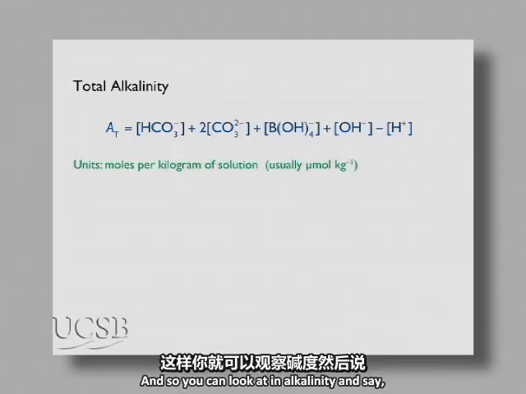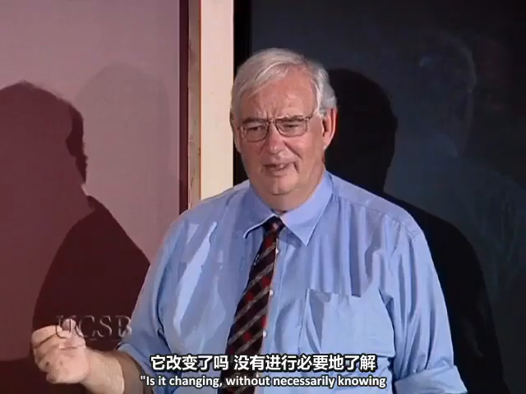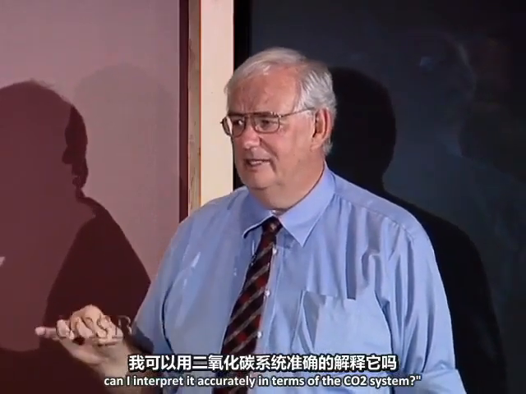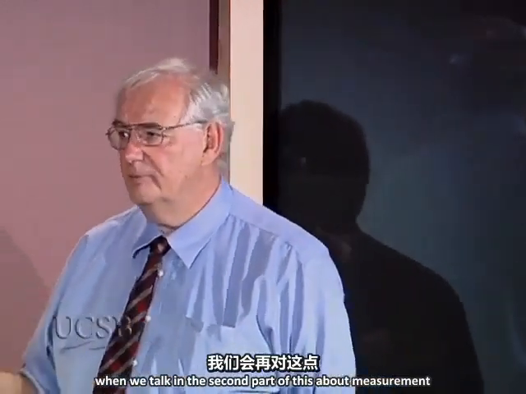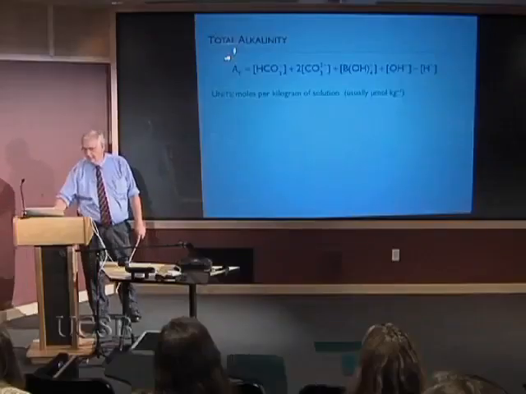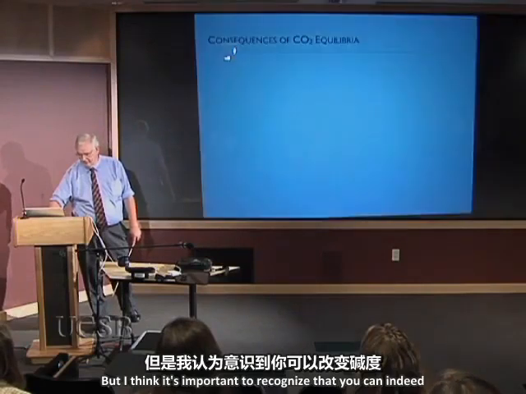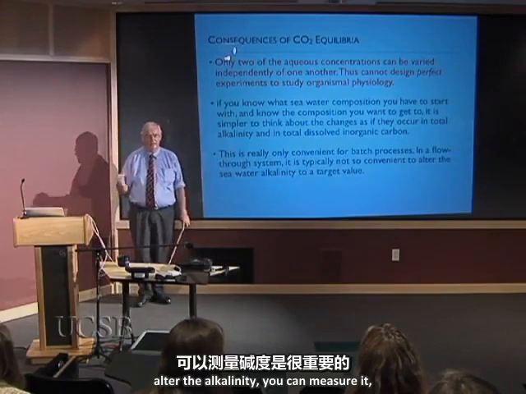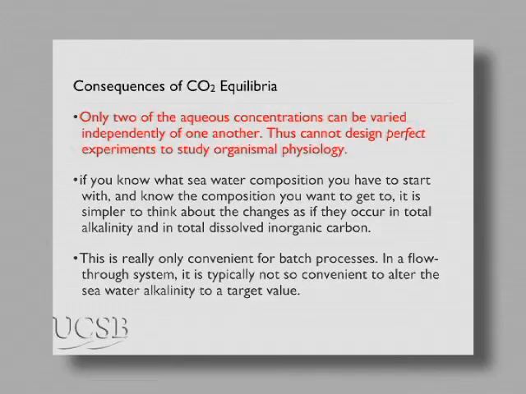And so you can look at an alkalinity and say, is it changing, without necessarily knowing, can I interpret it accurately in terms of the CO2 system? And we'll come back to that discussion a little later when we talk in the second part of this about measurement of CO2 parameters. But I think it's important to recognize that you can indeed alter the alkalinity. You can measure it, you can alter it, without entirely knowing how to interpret it.